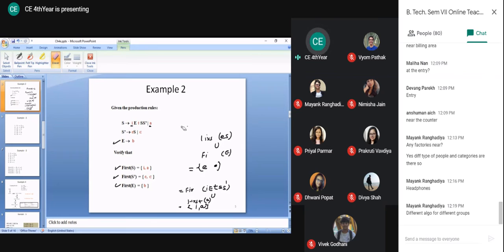Similarly, if I want to derive a string from S dash, we can use a small e. Or if we do not derive anything from S dash, we can use null. So because we have two different alternatives, we are getting like this.